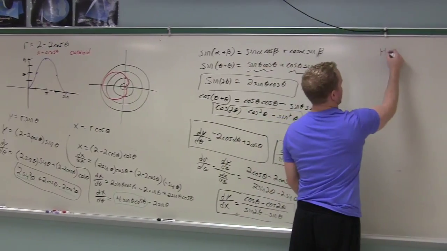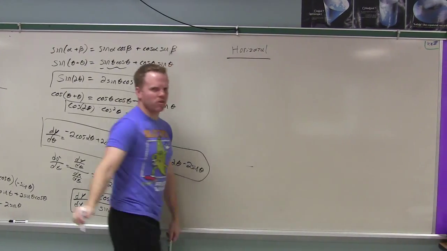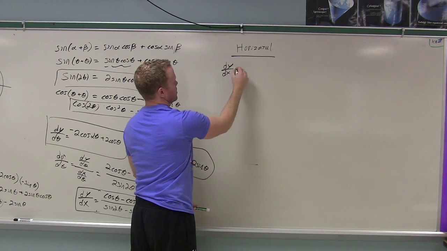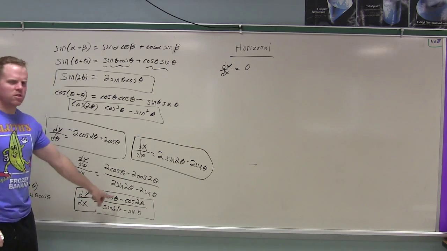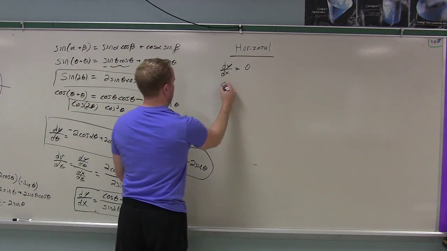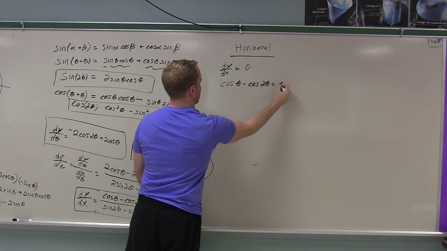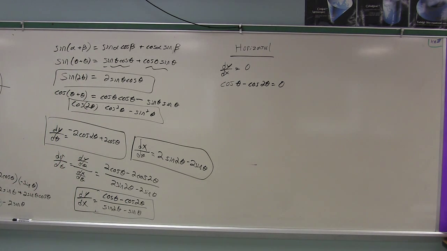So let's hunt for some horizontal ones first. That just should mean dy dx is 0, which means its numerator is 0. So we should just be saying cosine of theta minus cosine of 2 theta is equal to 0. And we can kind of tell where they're going to be.